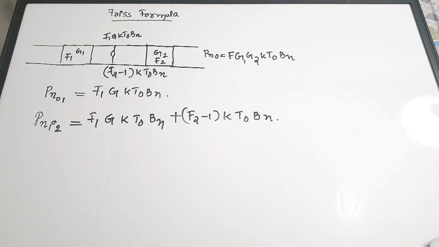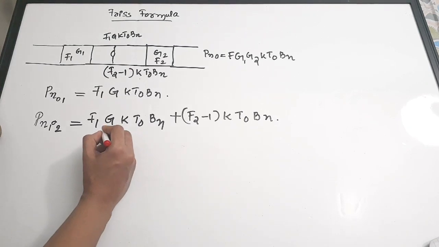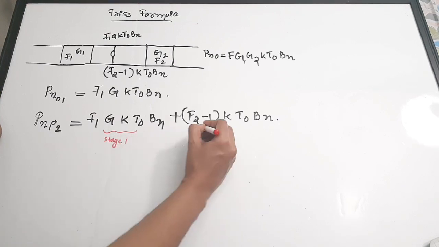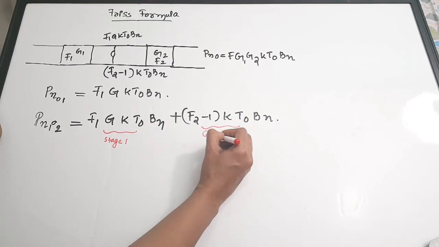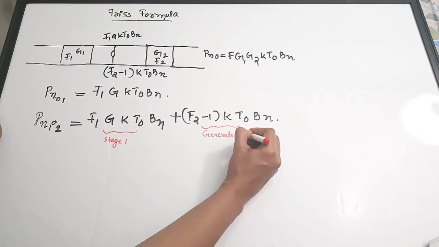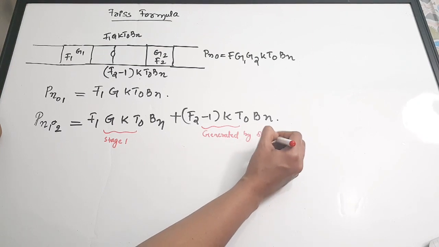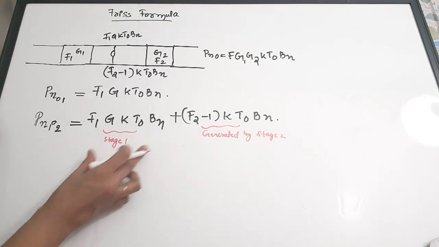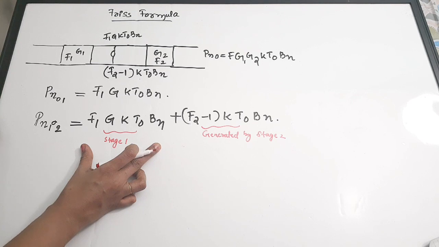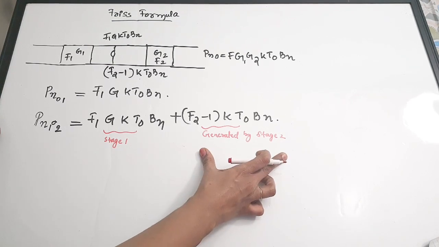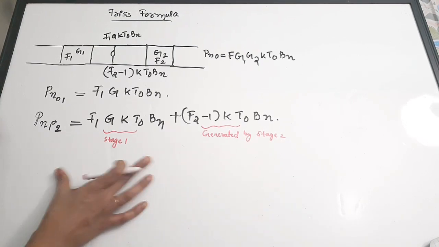I'll write it for you to be more clear. This is coming from stage 1, and this is generated by stage 2 amplifier. So this is at the input side.